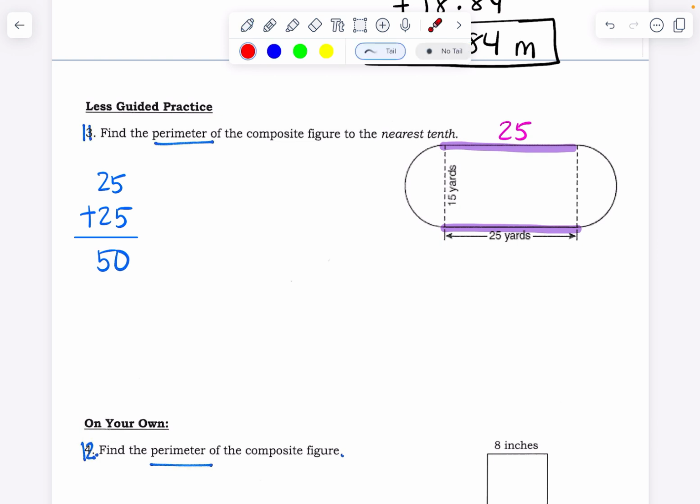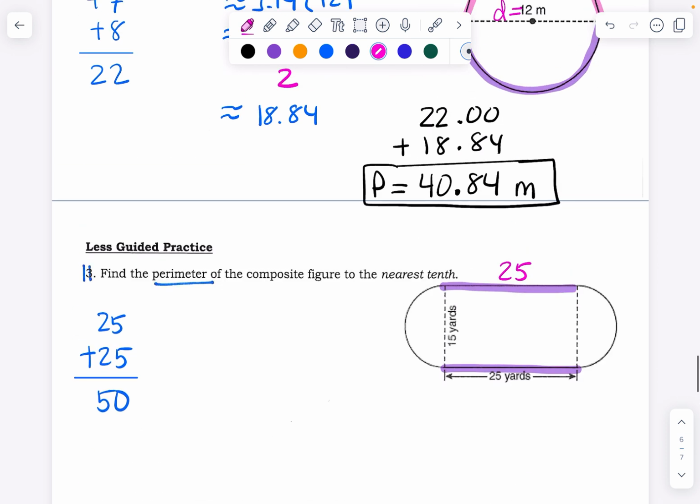Now let's talk about this. This would be the diameter of the circle, which means the diameter would be 15. So I need C equals pi d. I have 3.14 times 15.